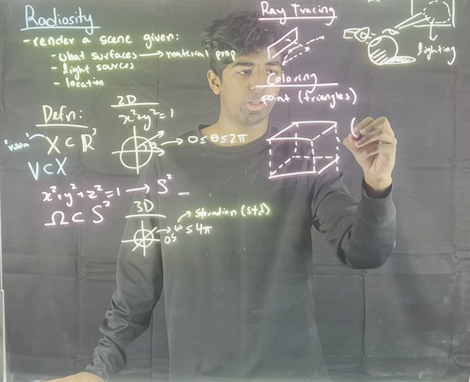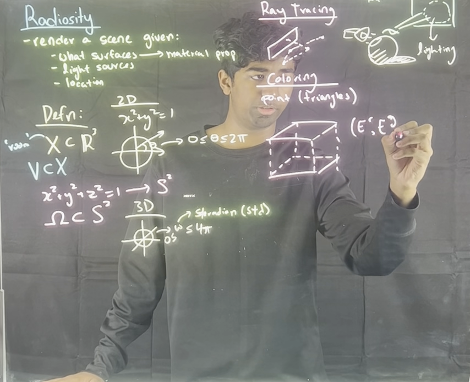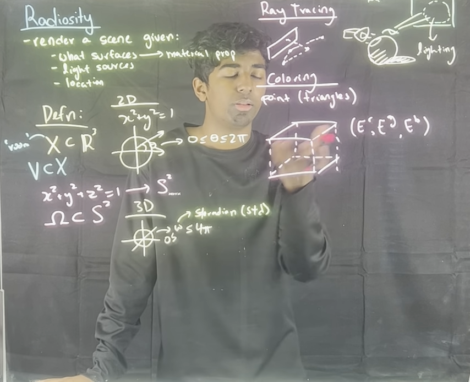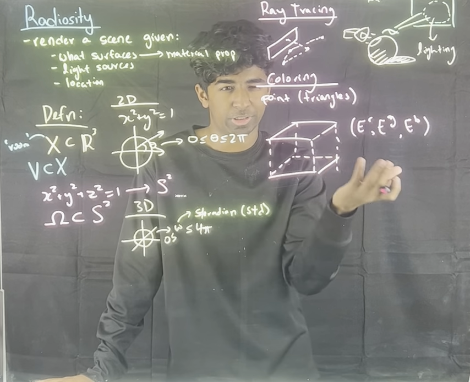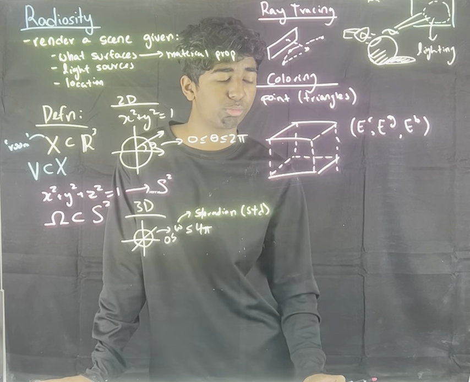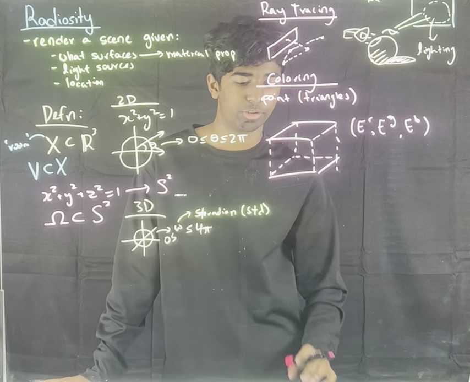Let's denote that ambient lighting as something like E sub R, E sub G, E sub B. And this is because ambient lighting is going to be in 3 colors. So with RGB, you can create any kind of color on the color spectrum from those three main colors, right? Depending on your intensity.